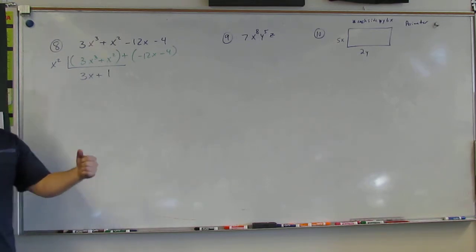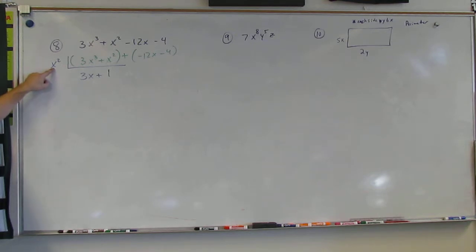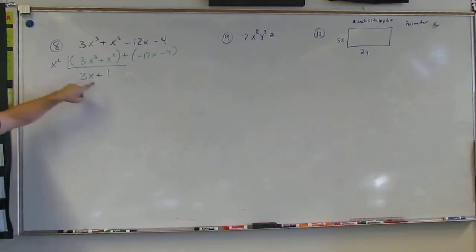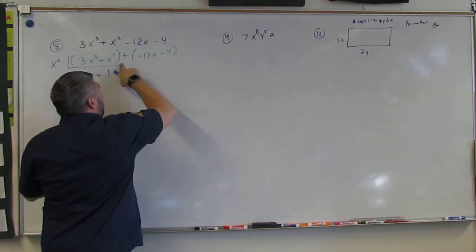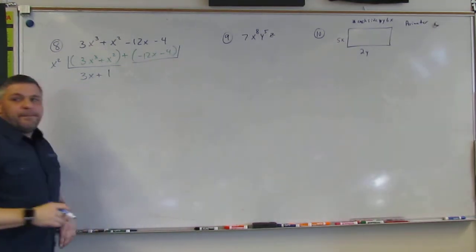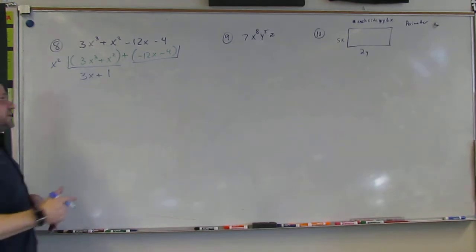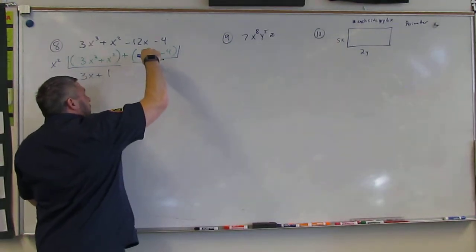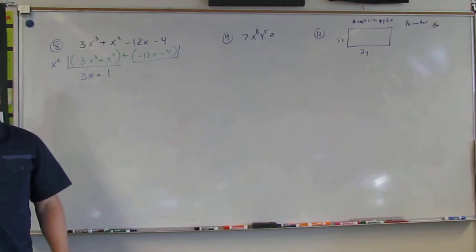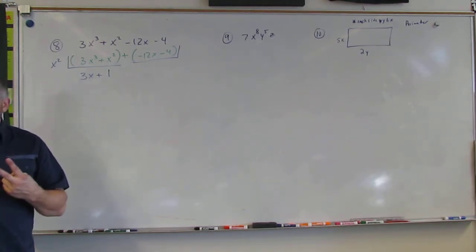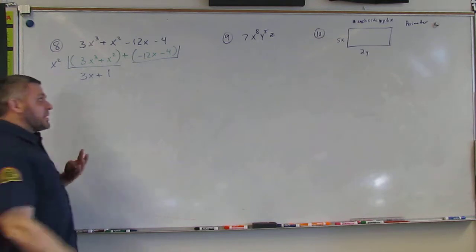I'm pulling it out. I'm saying, hey, what times x squared is 3x cubed? 3x. What times x squared is x squared? 1. Now I'm going to do the same thing over here. What goes into 4 and 12? 4.